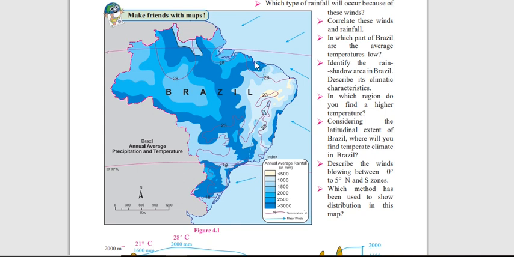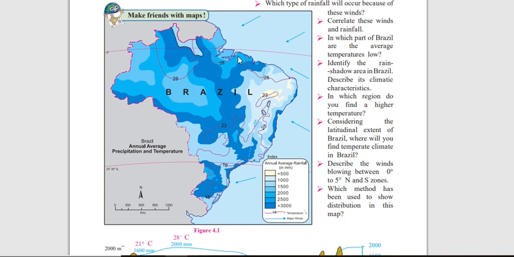Most of the country lies in the tropical zone, so the temperature is high here. The temperature in the southern part is comparatively lower. Near the equator, at the Brazilian coast, the temperature does not vary much.